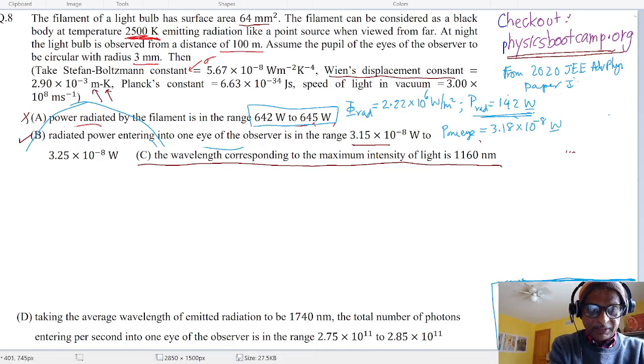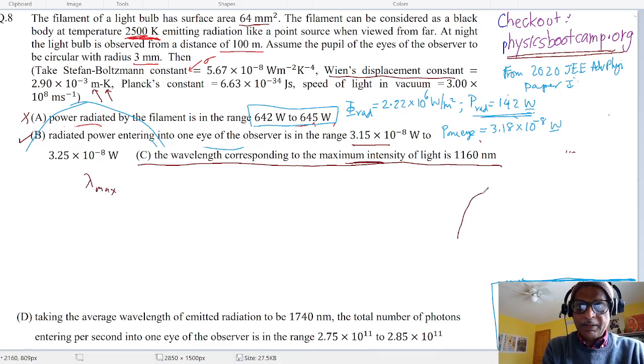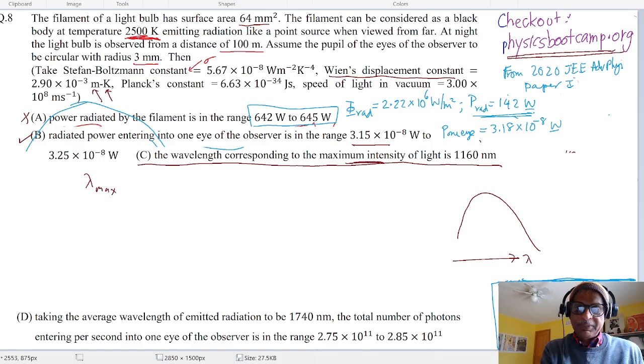So it turns out that with intensity as a function of lambda, it drops off at both ends, and there is a particular lambda at which the intensity is maximum. So this is lambda max.